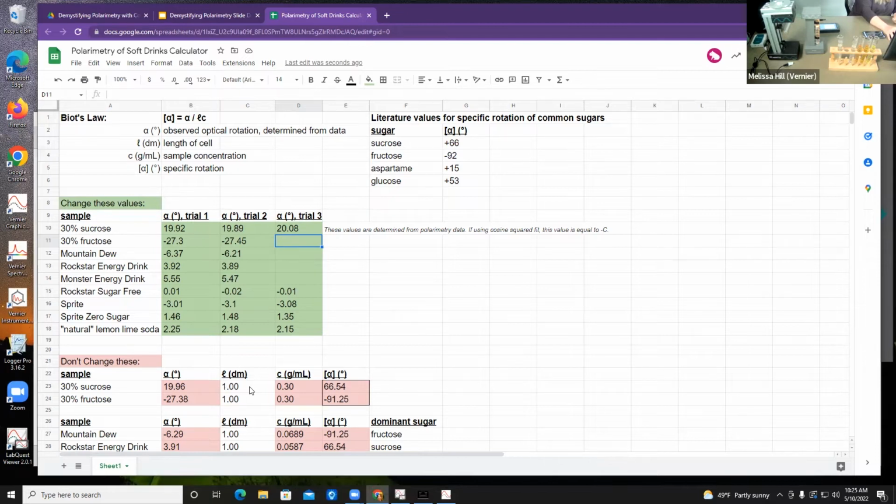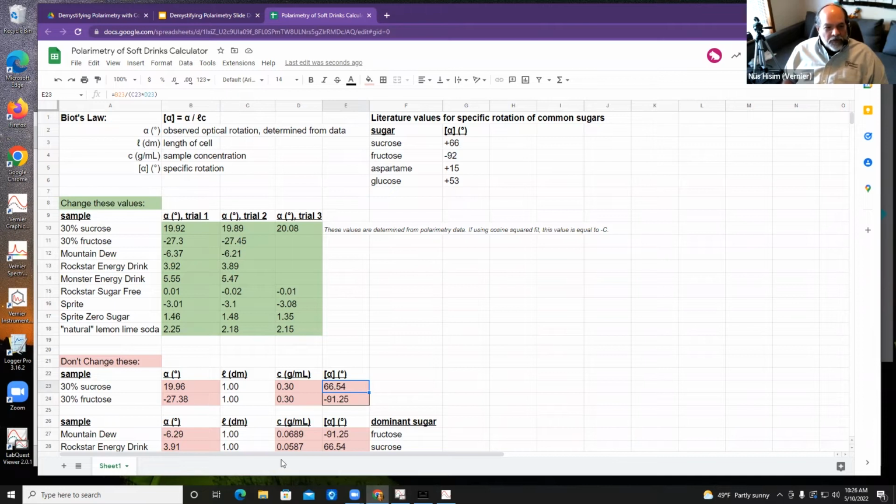And then I have 1 decimeter, so you can change that if you didn't quite fill it to 10 centimeters, if you filled it a little bit over. The concentration of the solution, and that will then calculate your specific rotation. So the specific rotation of sucrose is known to be about positive 66, and I'm getting 66.5, so I'm very happy with that. Oh, that's good data. Yeah, that's really good data.